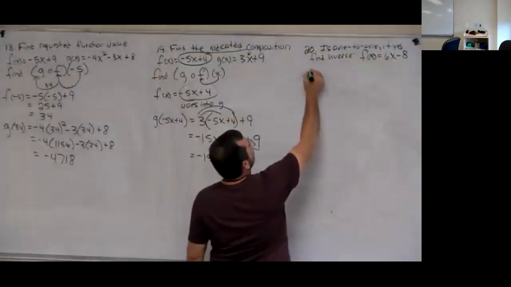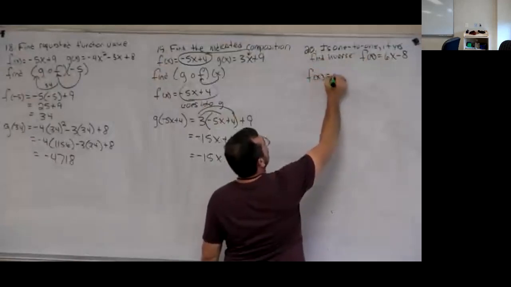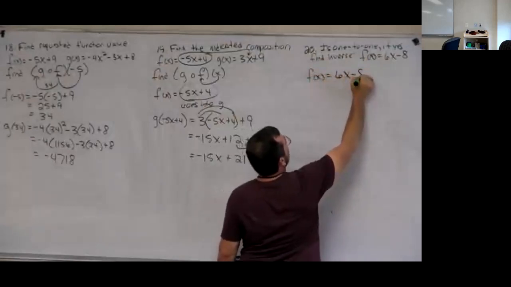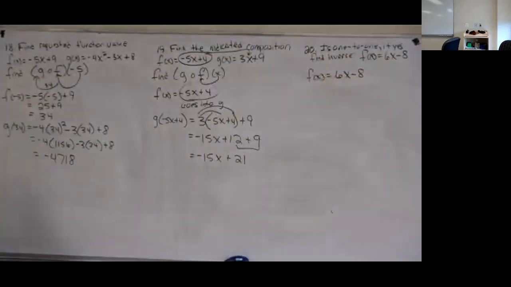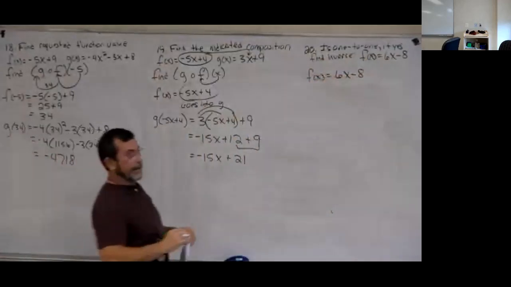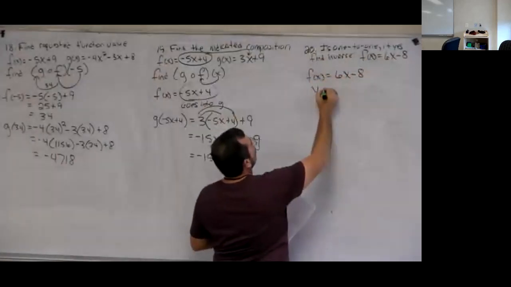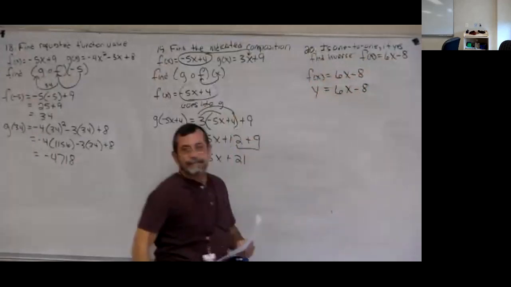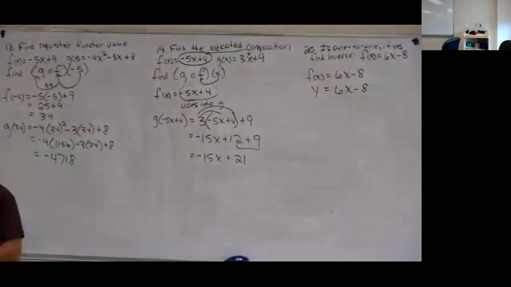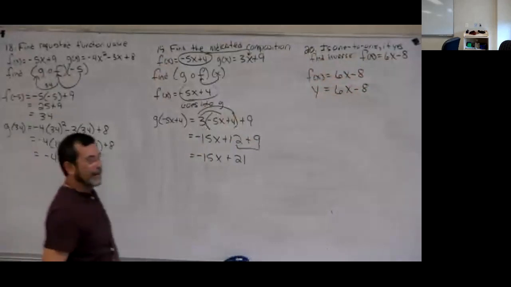So start with the f of x equals 6x minus 8. First step was replace the f of x with a y. So you get y equals 6x minus 8. And then if y'all remember, I switched the x and the y around.